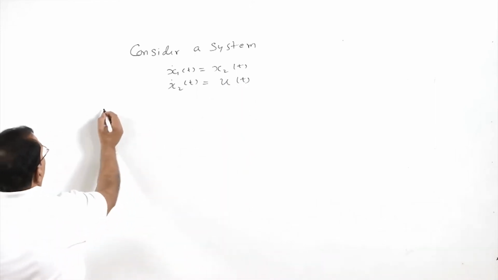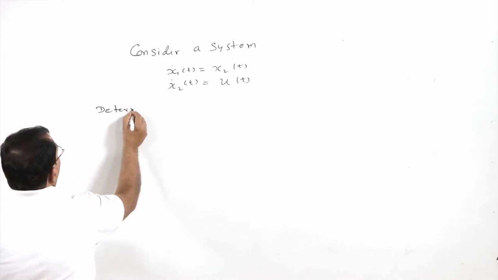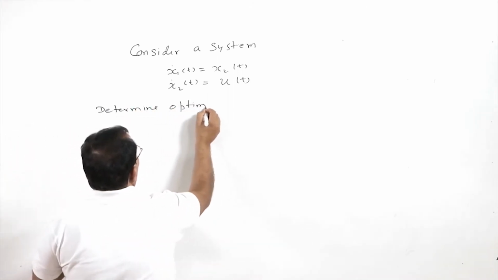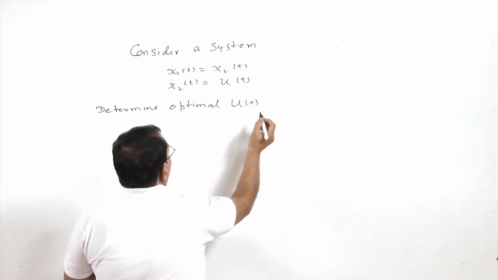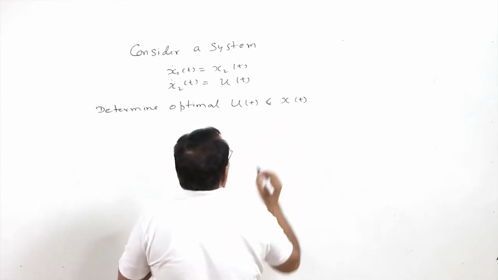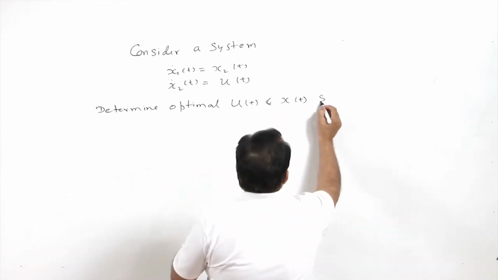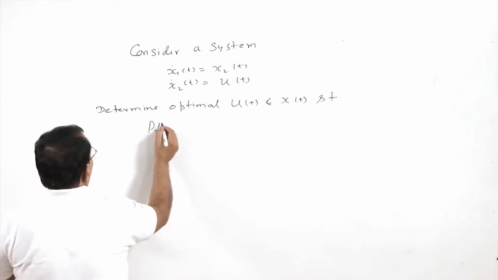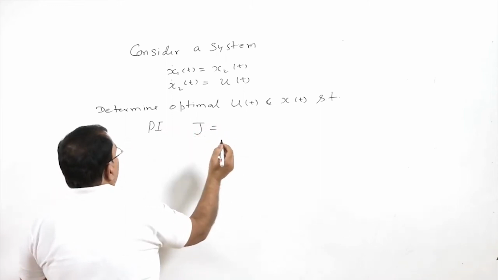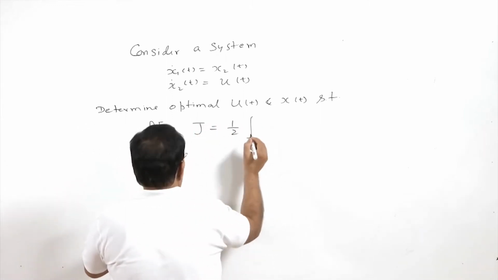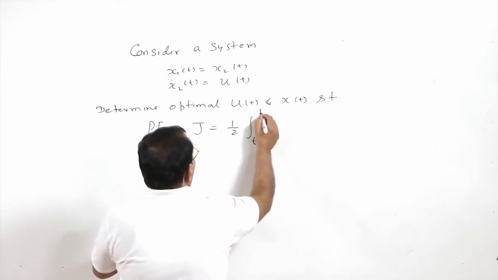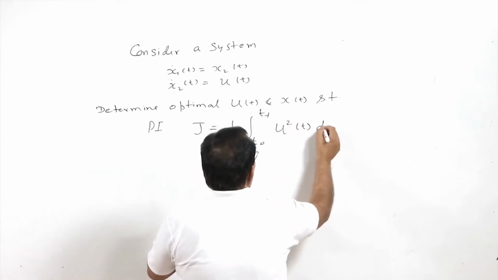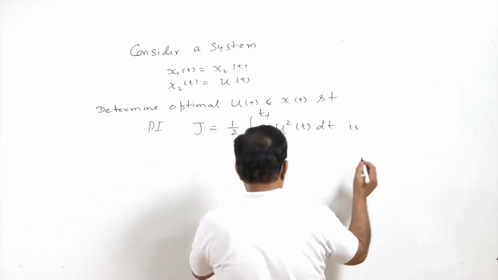Our objective is to determine the optimal u t and x t such that the performance index J, equal to the integral from T0 to Tf of u square t dt, is minimum.